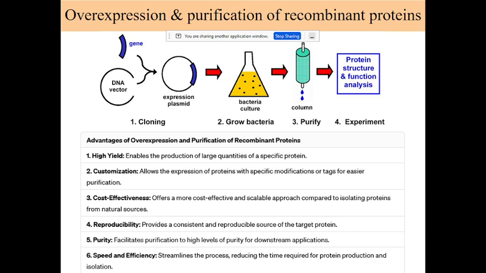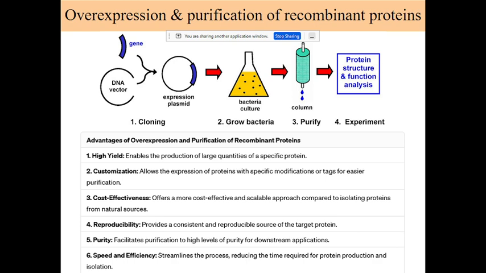We give a heat shock and we use CaCl2 solution. You can look up the different proteins that are necessary for rendering competence in bacteria, but right now we will be talking about the overall process of overexpression and purification of recombinant proteins.